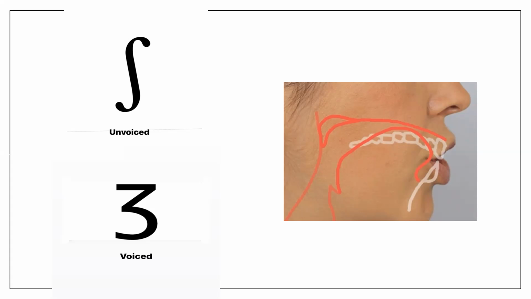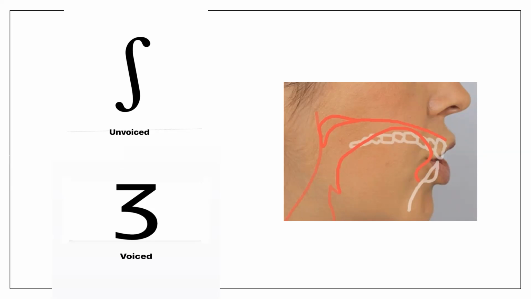To make these sounds, the teeth come together, the corners of the lips come in, and the lips flare. It is rounded, and the front middle part of the tongue is very close to the hard palate, but not touching it. The tongue tip points forward, but doesn't touch anything.